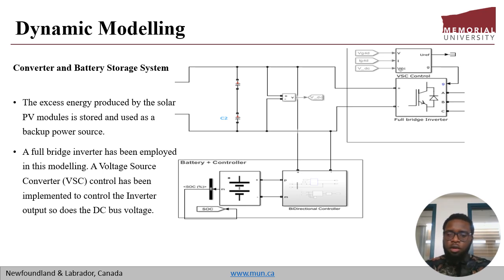Also, when the inverter needs power, the bi-directional controller will be responsible for taking that power to the DC bus to supply the inverter. In this system, we have employed a full bridge inverter, which has a voltage source controller that controls the output and also makes sure that the system is working in a stable manner.